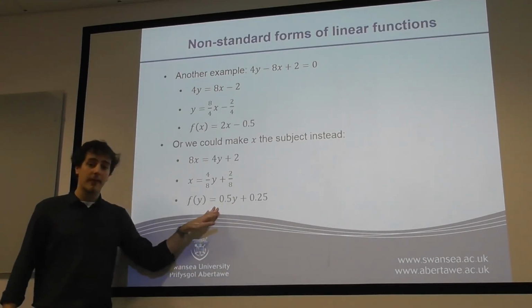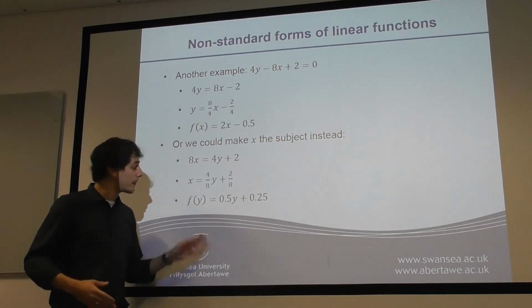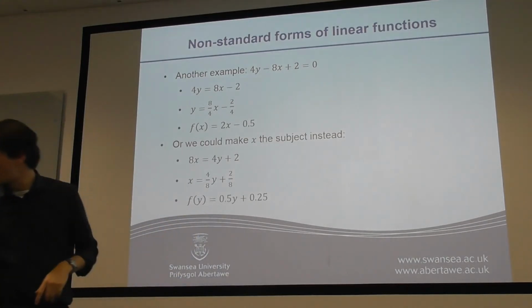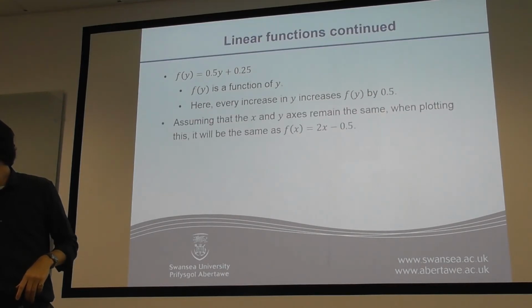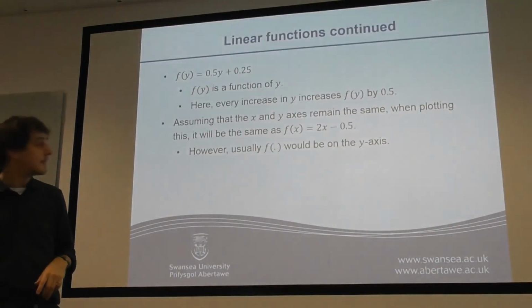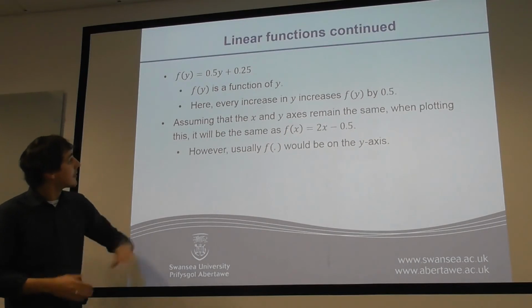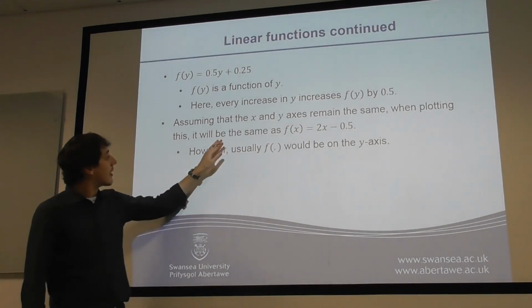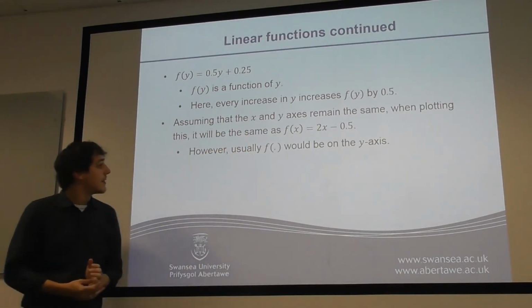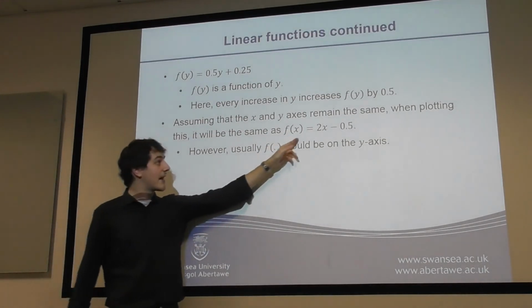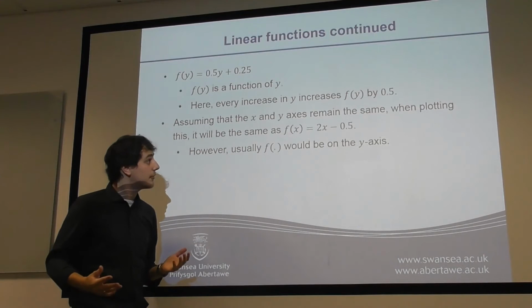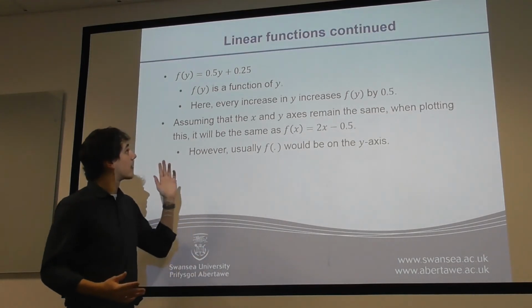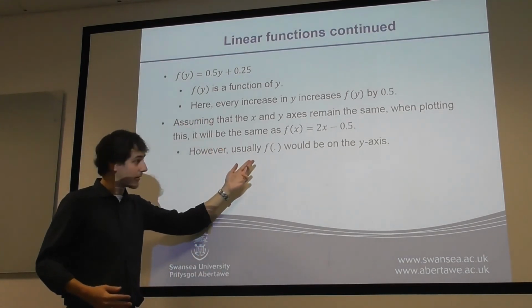Now if we plotted this on the same graph with the y and x-axis in the same way, assuming that the x and y axes are the same, it will be the same as f of x equals 2x minus 0.5. It's the same graph, just as a function of y rather than a function of x.